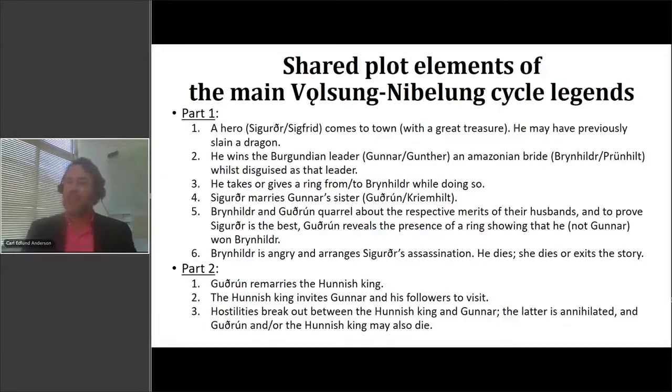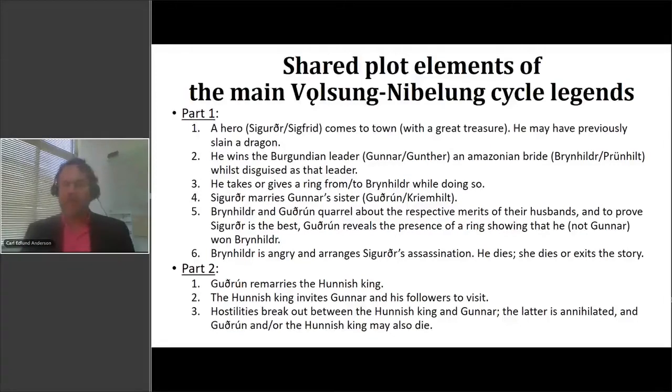Gudrun then displays this or reveals it in some way to show that her brother Gunnar was not actually sufficiently heroic to win Brynhilde, and it was in fact Sigurd who did this in disguise, so Sigurd is the best, yay, I win. But no, of course, doom.